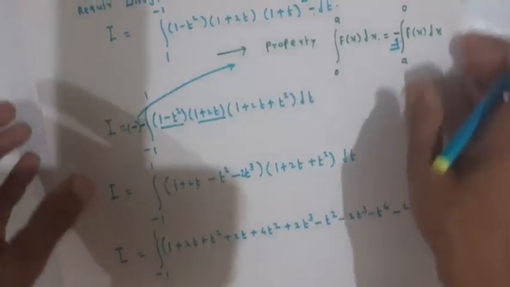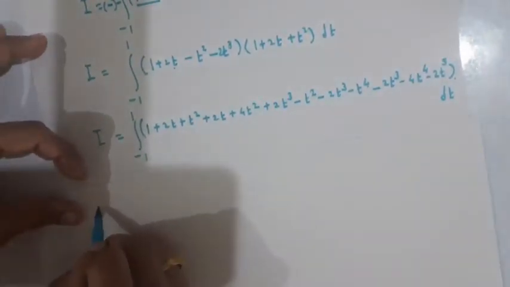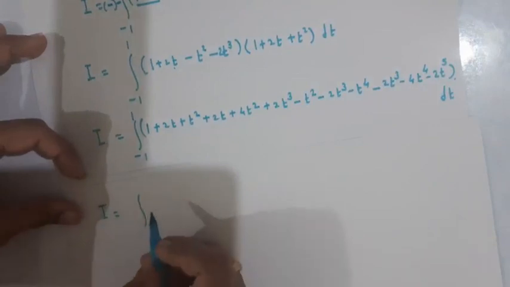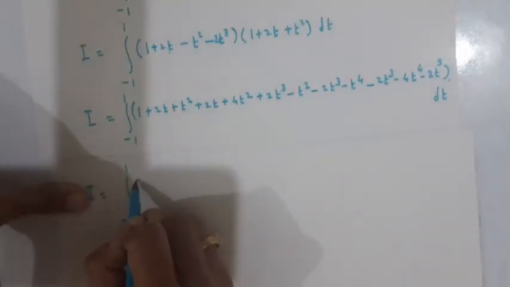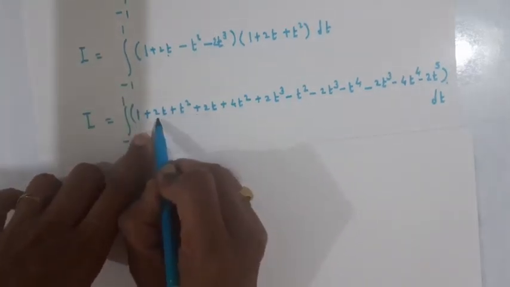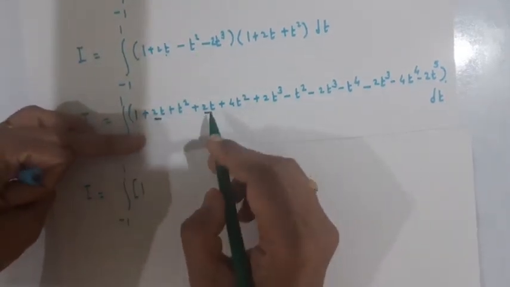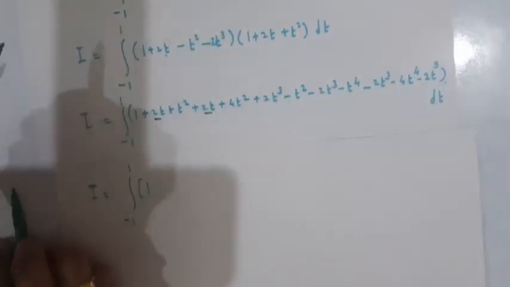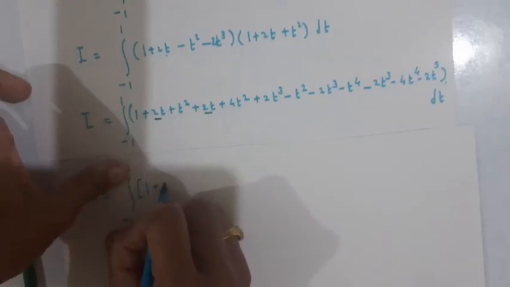Now simplify the terms. We will get integration I equal to minus 1 to 1, limits of integration. This 1 will be as it is. Now the coefficient of t: 2t plus 2t, that is plus 4t.